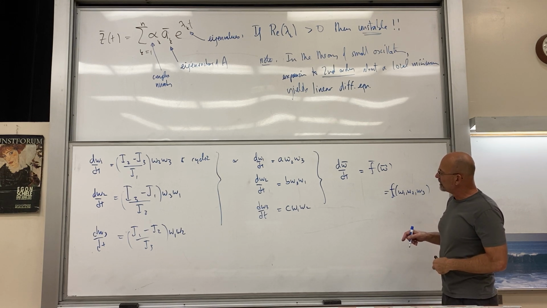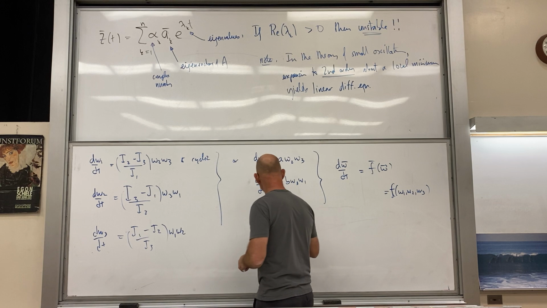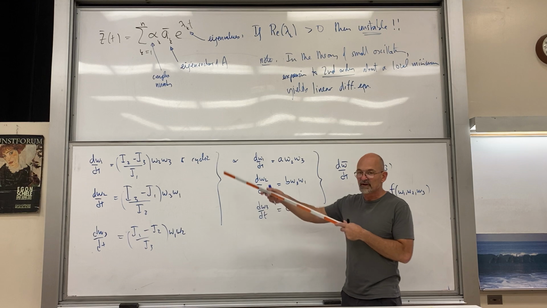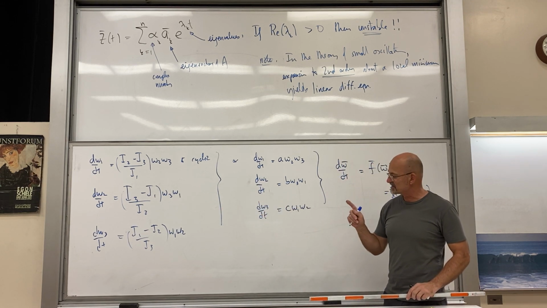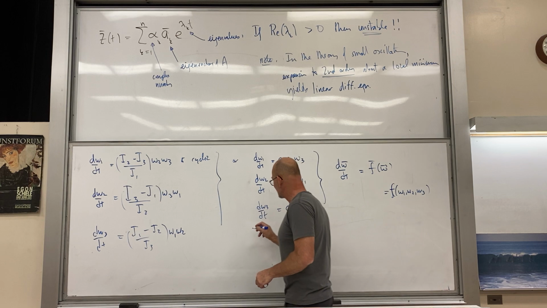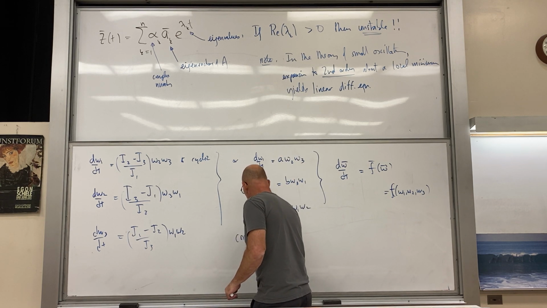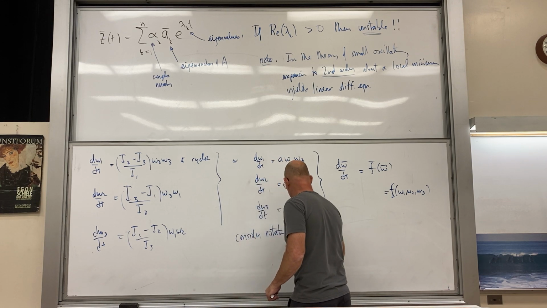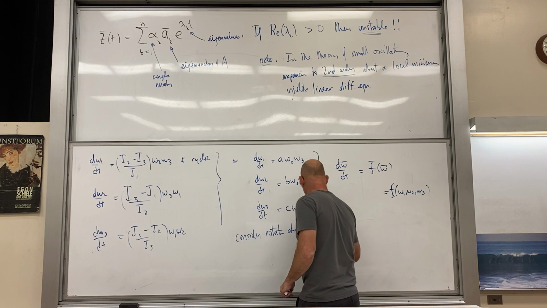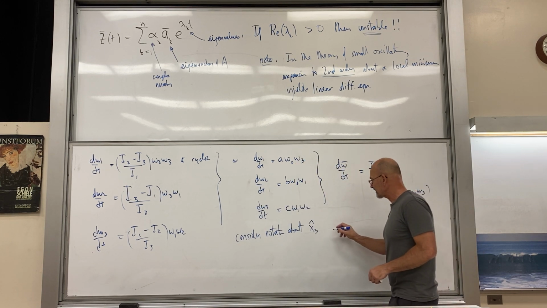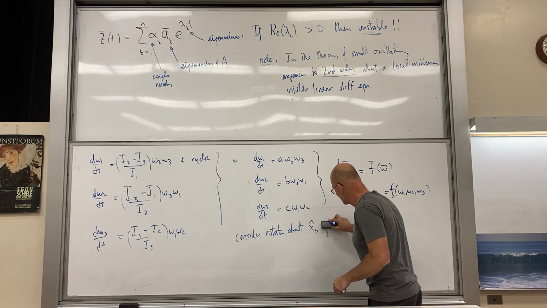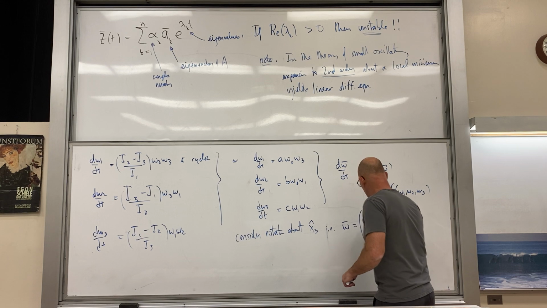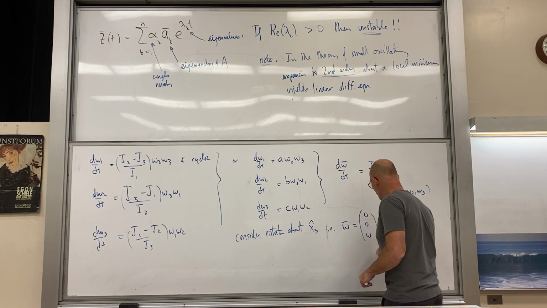So what we're going to do is, we can cycle through different values of A, B, and C in order to just test a single axis. So we'll go ahead and consider rotation about the third axis. Rotation about x3. That is to say, omega is going to equal 0, 0, omega, like that.